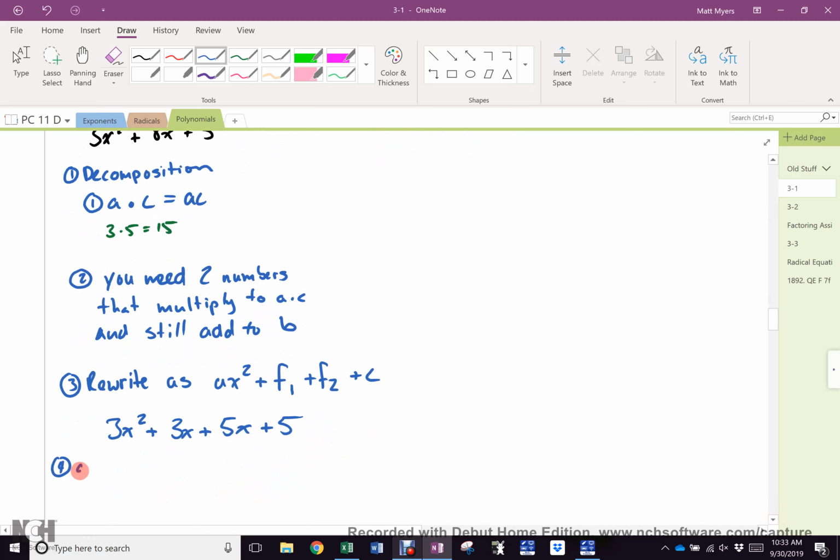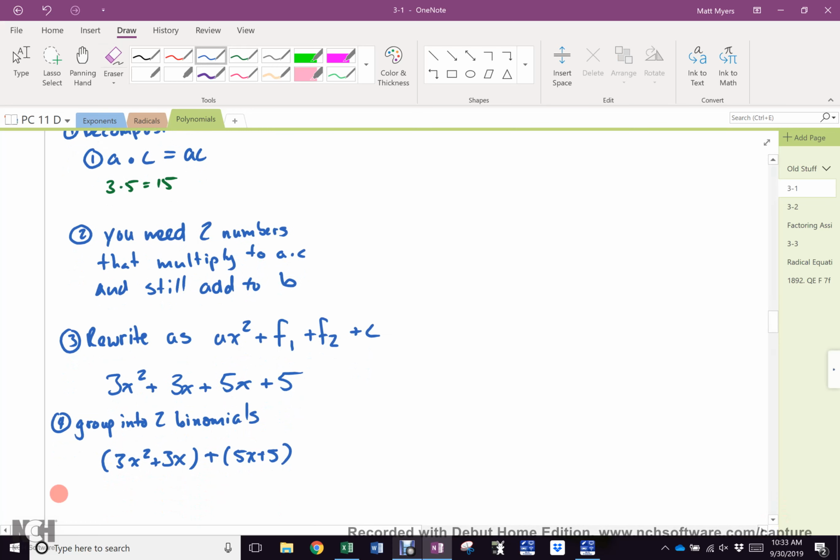Step 4 is group into 2 binomials. So 3x squared plus 3x plus 5x plus 5. And step 5, GCF till done.